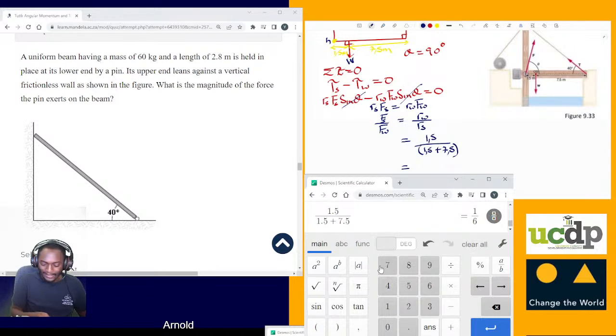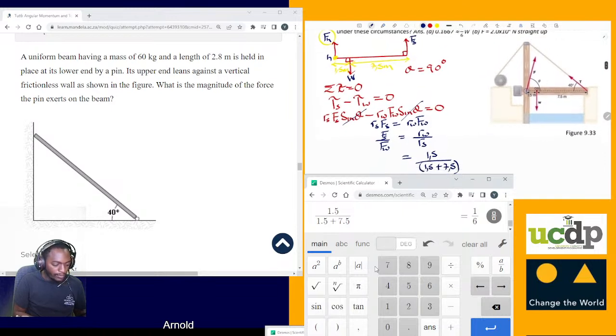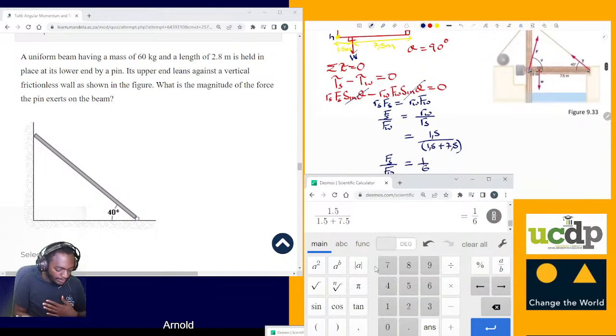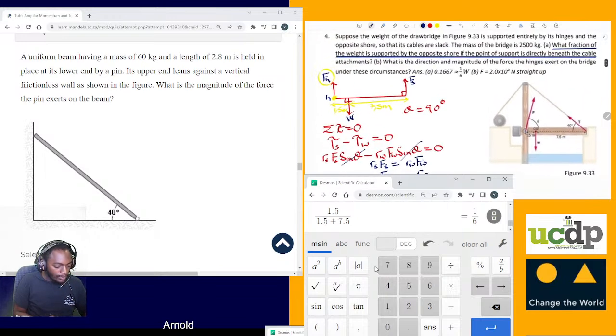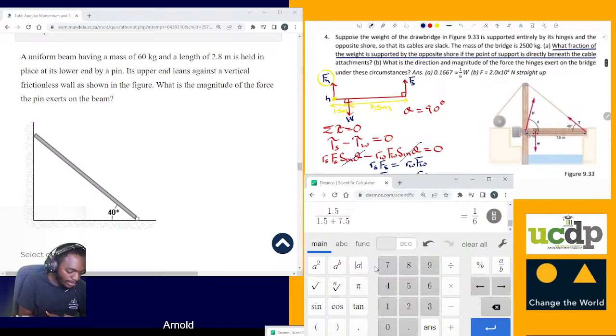Okay, so it's 1 over 6. All right, so which is 1/6 of the weight, which means this point supports 1/6 of the weight, and which means that the hinge supports 5/6 of the weight. 5/6 of the weight is supported by the what?